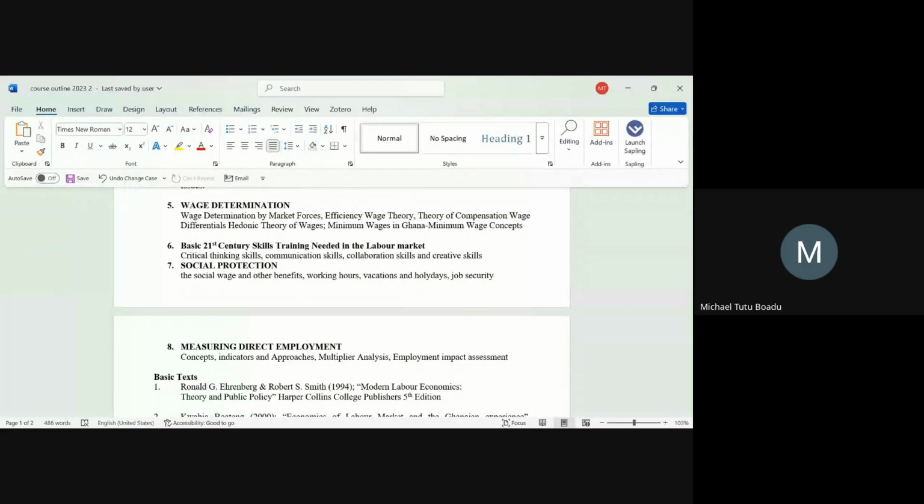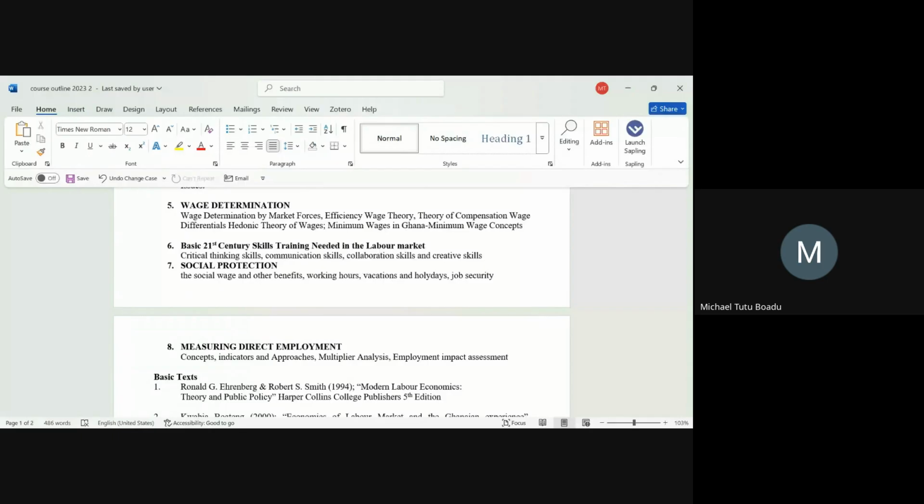Then some theories like efficiency wage theory, theory of compensation, and the like. We are going to use those theories and those policies to explain how wages are determined.